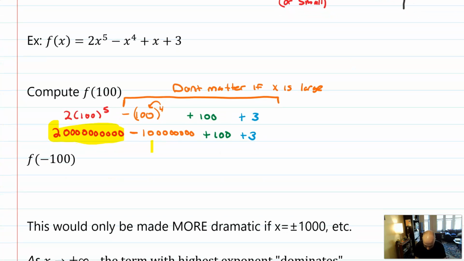And it would be the same thing if we plugged in negative 100, wouldn't it? With one small difference. If I did negative 100 to the fifth, it would be negative 2 with 10 zeros. Negative 2 times 100 to the fifth.